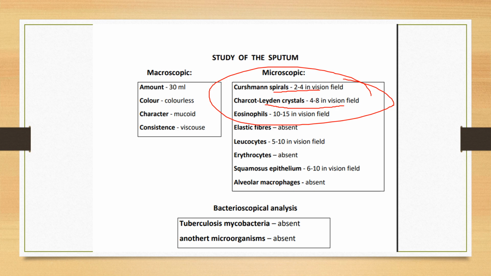You can see the squamous epithelium, you can see leukocytes. So how will you formulate the conclusion? Again, you will start from initial. You will say the presence of the Curschmann spirals, Charcot-Leyden crystals, increased amount of eosinophils in the colorless mucoid viscous sputum with the characteristics of bronchial asthma.